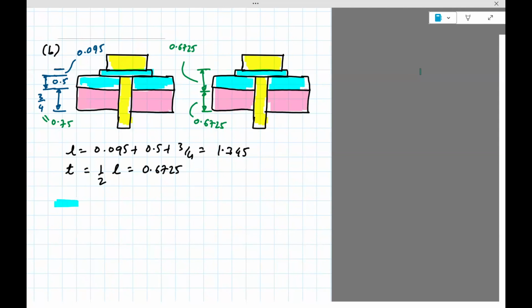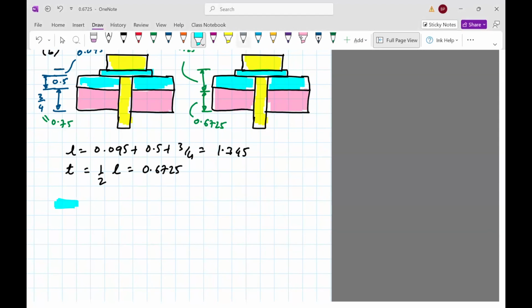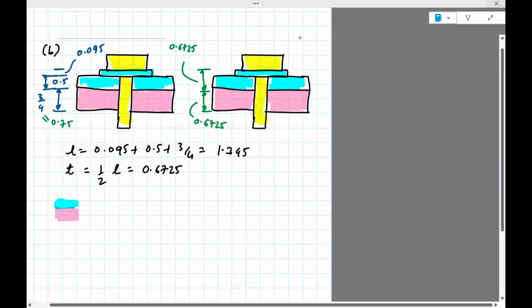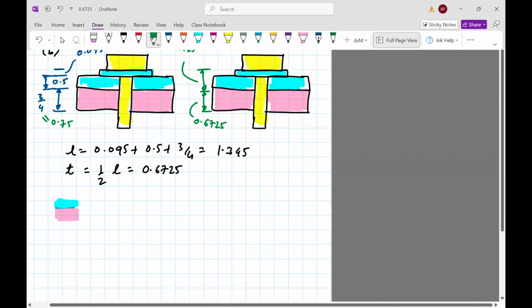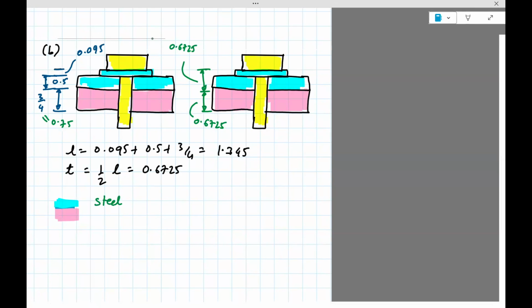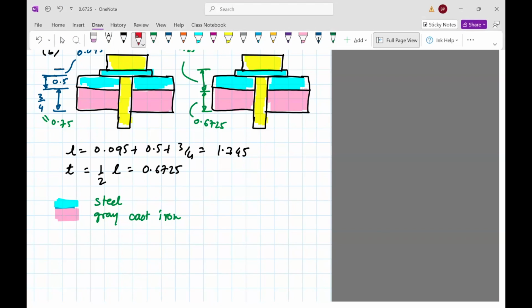Okay, so let's put a legend here. This is steel, and this is gray cast iron. Okay, now that we have that, here is how to think about this in terms of the cones. Let's pay attention.